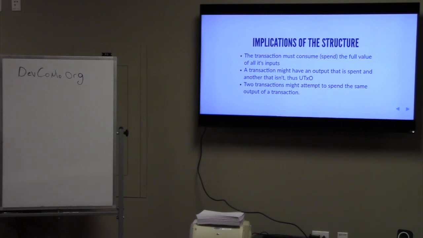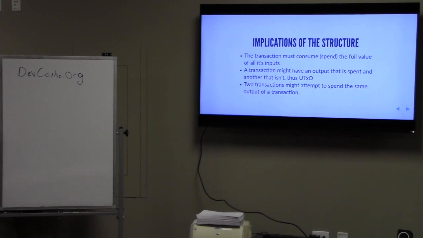I would say the highlight to grasp is that the transaction was created. That transaction has a number of outputs. Each one of those outputs says, these are the conditions in which this money could be spent.